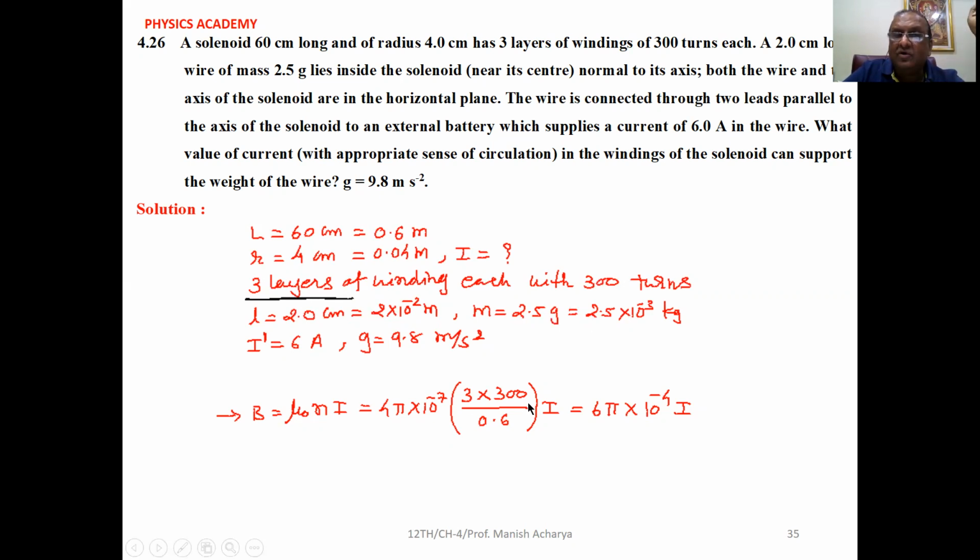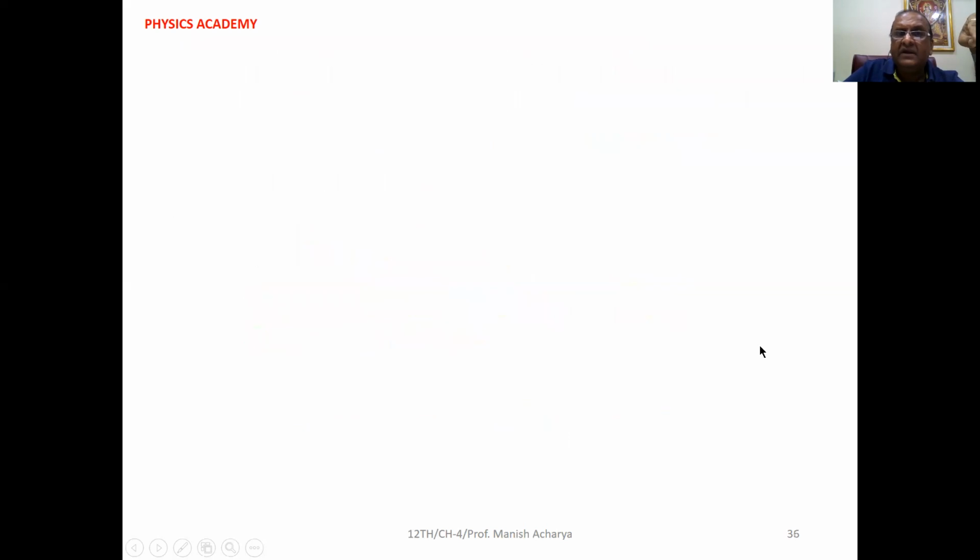So number of turns per unit length, that is 3 into 300 divided by total length of the solenoid. Current passed through the solenoid, that we have to find. Okay, so keep I as it is. So here your answer will be 6 pi into 10 raised to minus 4 I. That is your B.